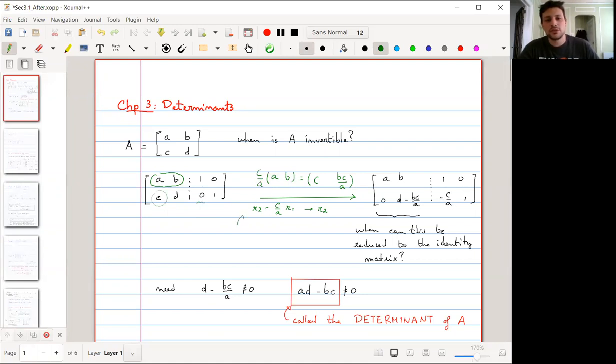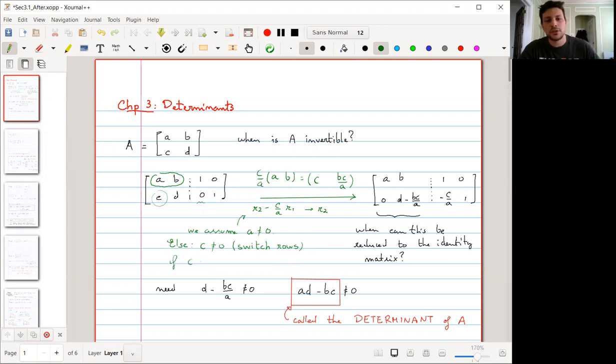Notice that here, to do this computation, we are assuming that we can divide by A. In other words, that A is different from 0. If that's not the case, well, then C is different from 0, in which case we can switch the rows and perform the same process, but using C to eliminate A instead.